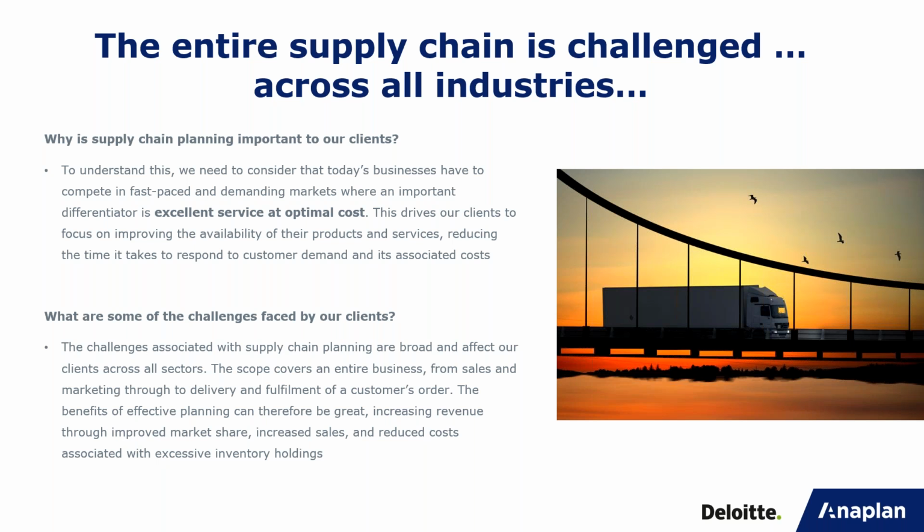So the supply chain is a connected process with each link in the chain impacting the other, and we're going to discuss one component of this, which is the inventory management and optimization portion of the supply chain. Thanks, Jason.